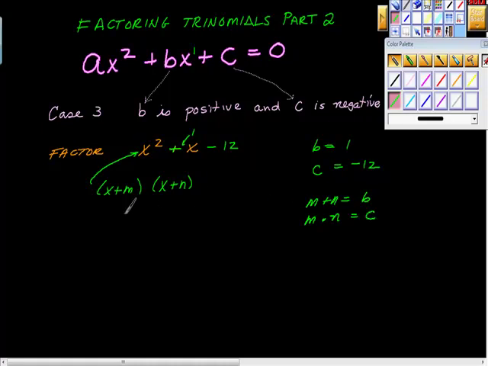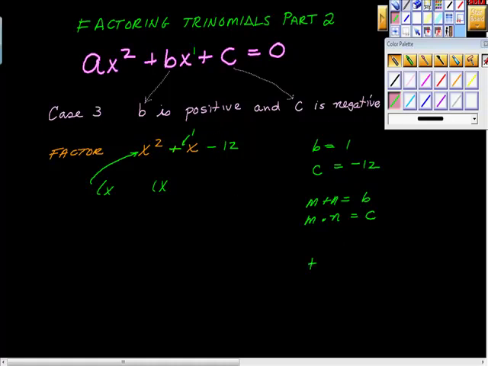So let's try that and see how it's going to work. I'm going to start by opening this up here and take a look at what we might have. Here's a clue: when we multiply two numbers, we're going to get a negative. So we're going to have a number here and a number over here. What's true about the sign of the numbers if we multiply them and get a negative?